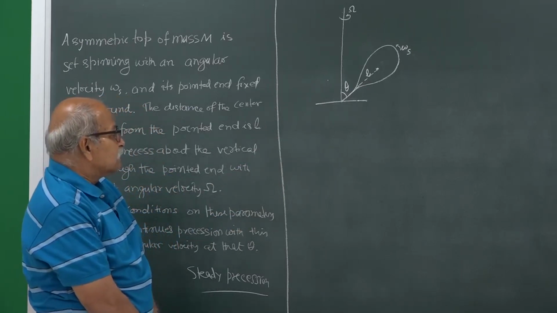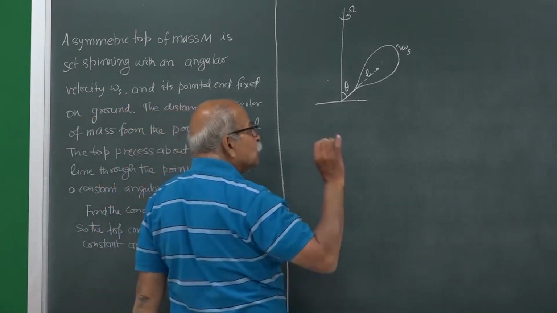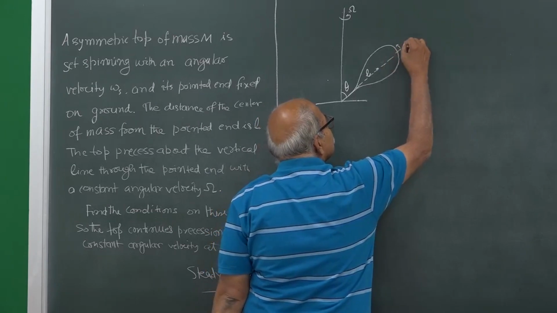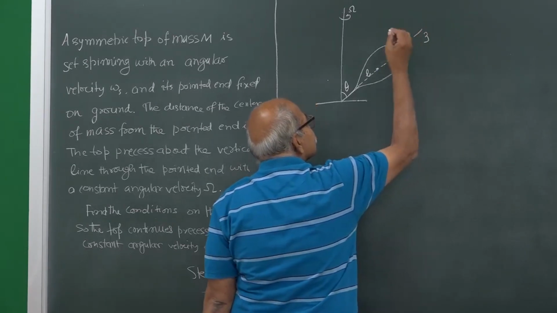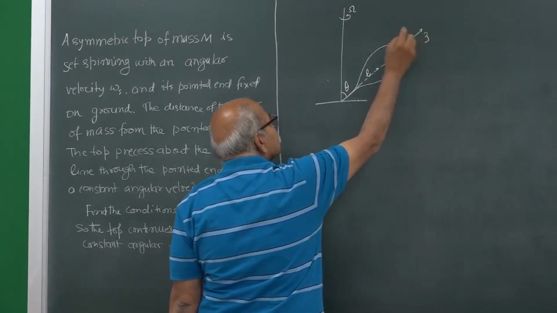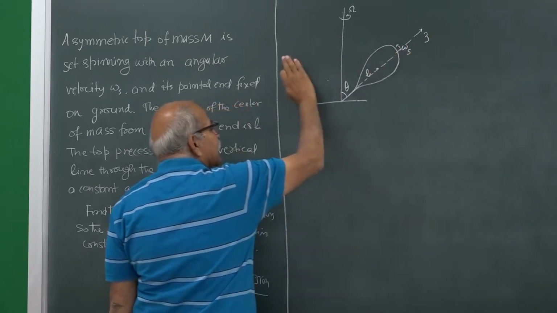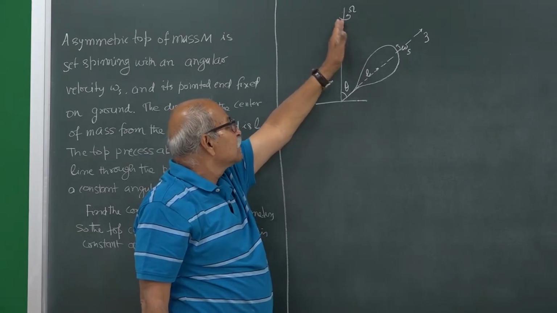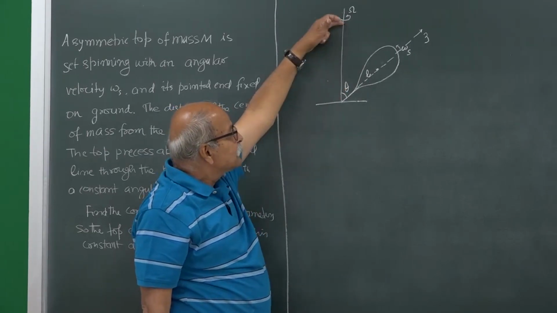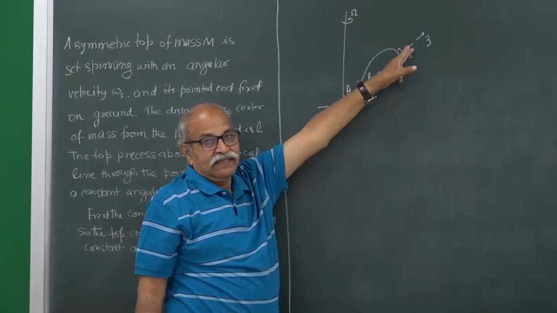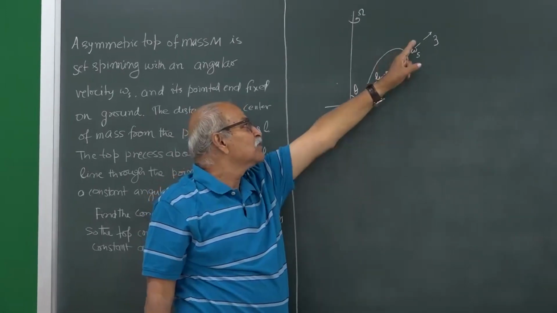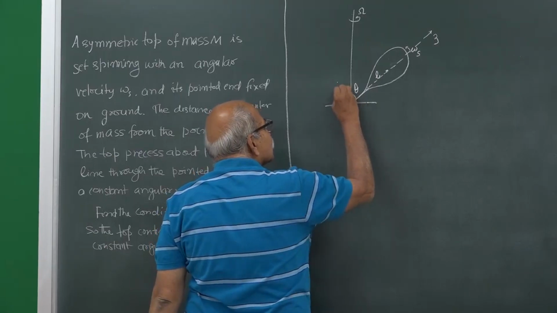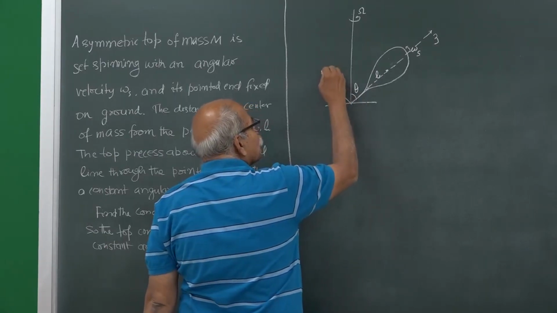So, what is our strategy? We first choose a principal axis system, and naturally this symmetry axis will be taken as the 3 axis, E3. Then in this vertical plane containing the vertical line through the pointed end and this 3 axis, you draw a perpendicular to this 3 axis, and that will be the 1 axis.